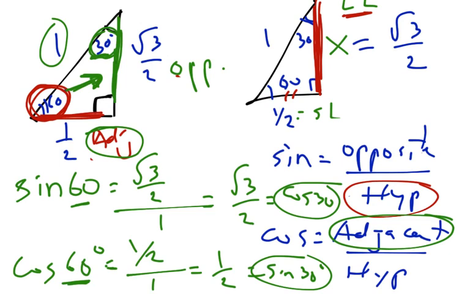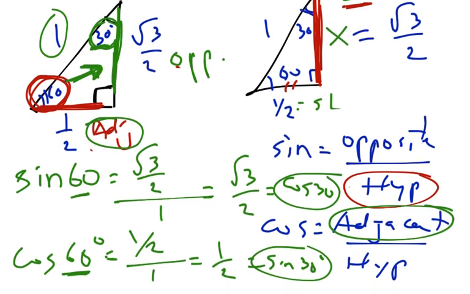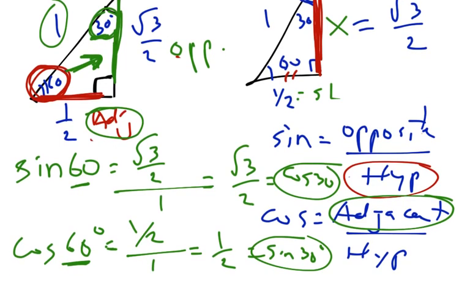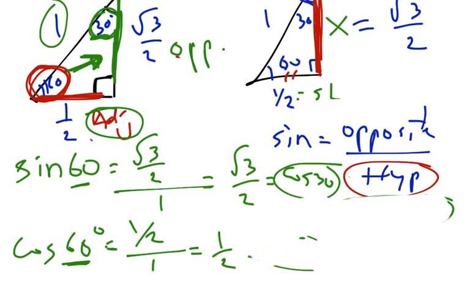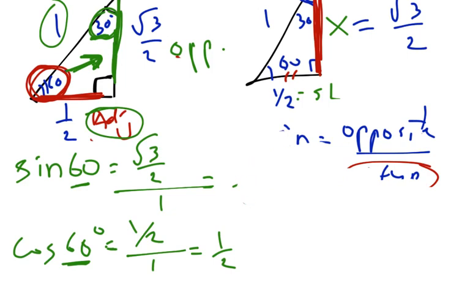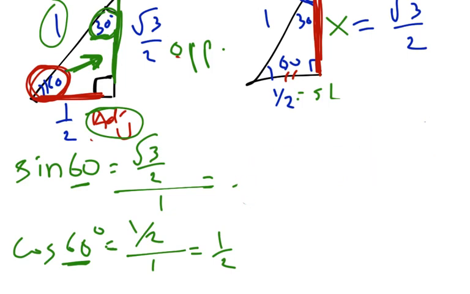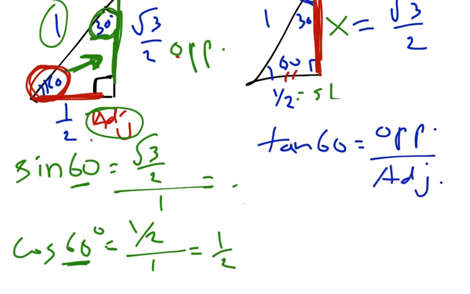Now let's work on the tangent. Let's scroll down a little bit. I need to erase, so let's erase over here. Now we have sine and cosine. The tangent is the ratio for an angle, and we just did 60, so let's do 60. Tangent is opposite over adjacent.